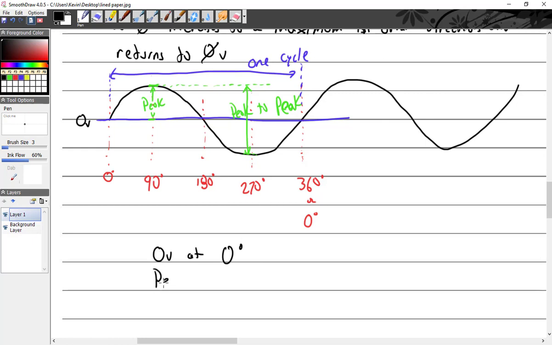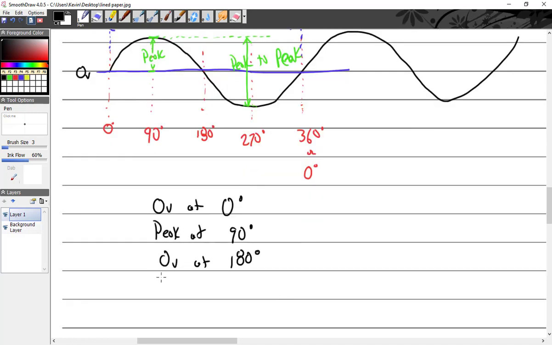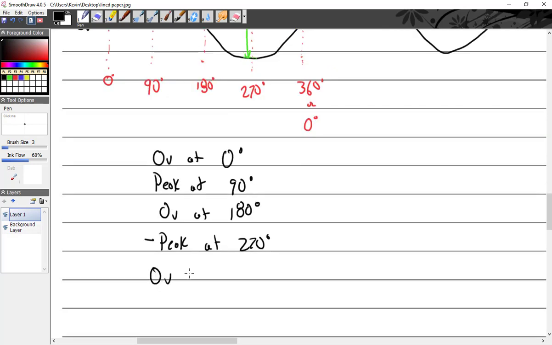We had a peak at 90 degrees. We had 0 volts at 180 degrees. And then we had a negative peak at 270 degrees, and then back to 0 volts at, we'll say, 360 degrees. Negative peak? Yeah, it's a negative peak because it went down and then back up to 0.